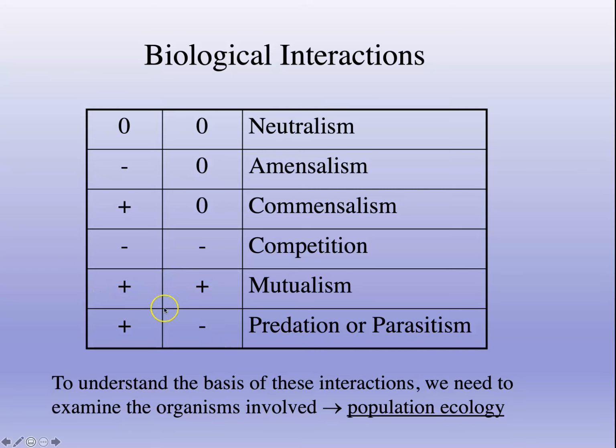And finally, in predation and parasitism, one species is gaining while the other species is losing. So this is a very common one to see in your nature programs when the lion drags down the zebra. Well, the lion's gaining by the presence of the zebra, but the zebra is not gaining. It's losing by the presence of the lion.